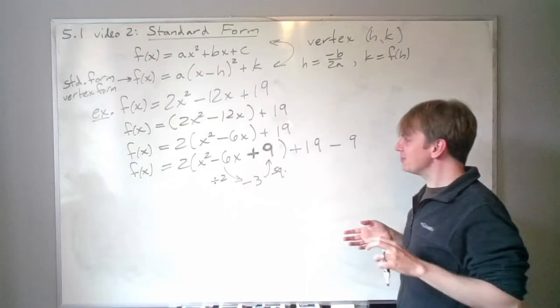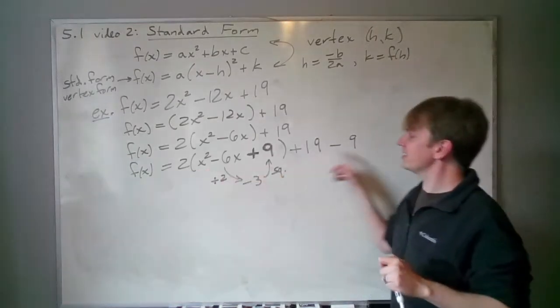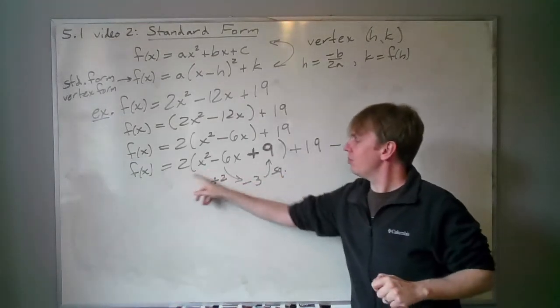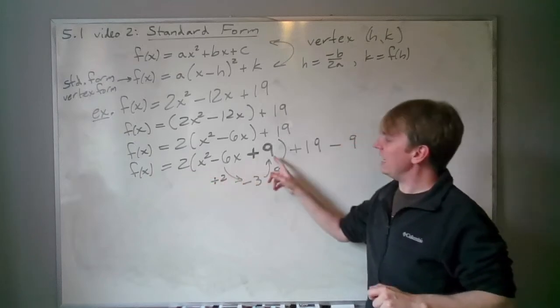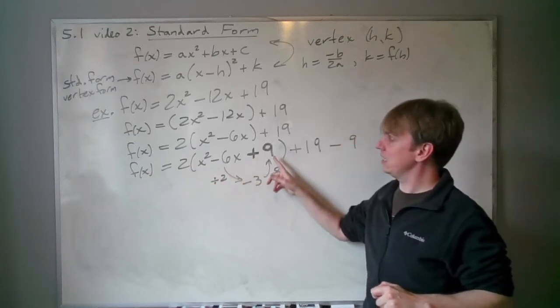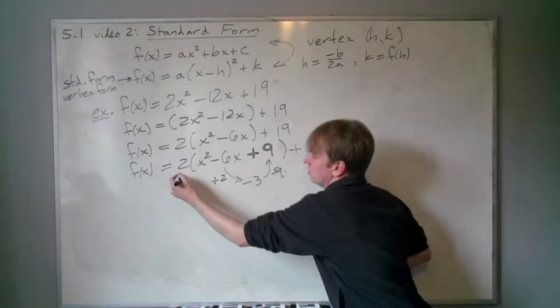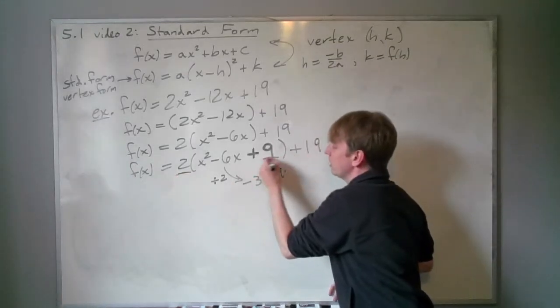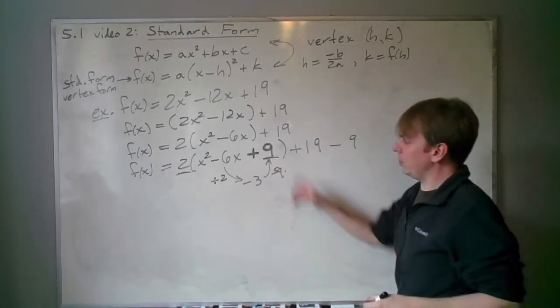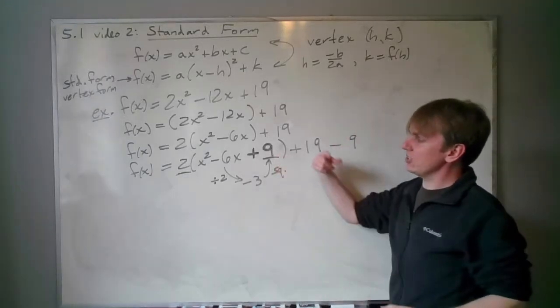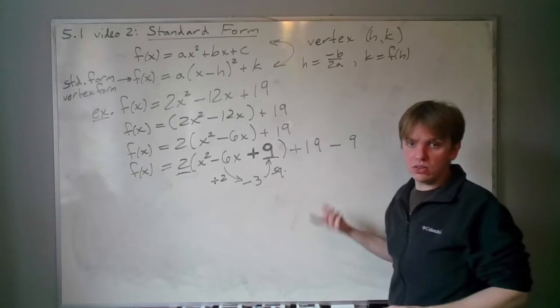Maybe. If you notice, if you distribute this, we have 2x squared minus 12x plus 18 plus 19 minus 9. So we didn't actually add a 9 because of this 2. We actually have a 2 times a 9, which is an 18. So when I put this plus 9 in, I actually added 18 to the original expression.